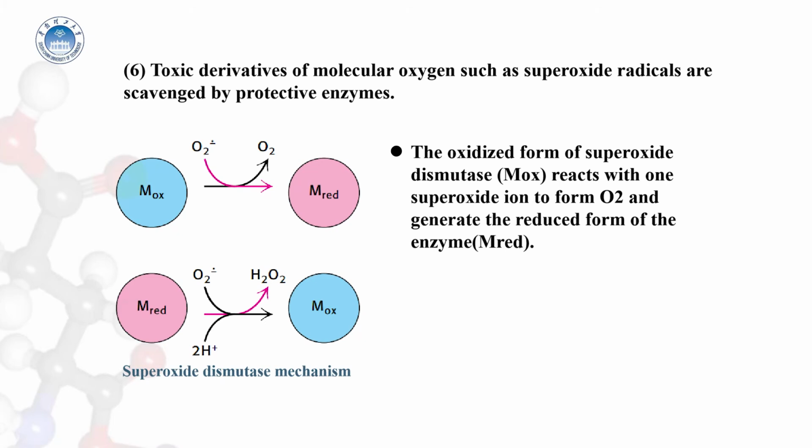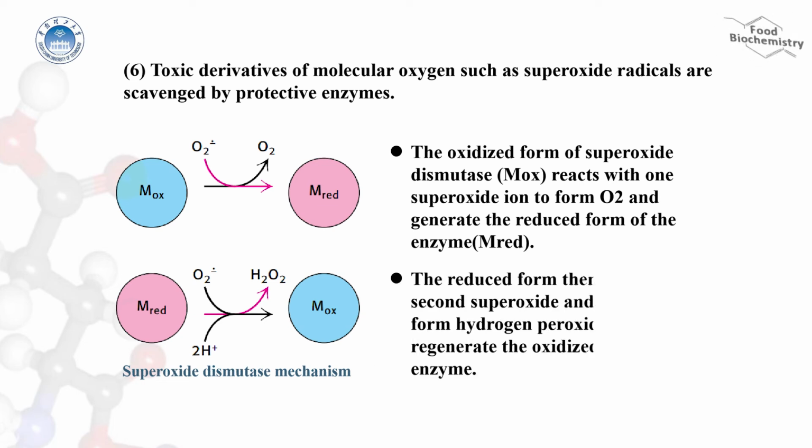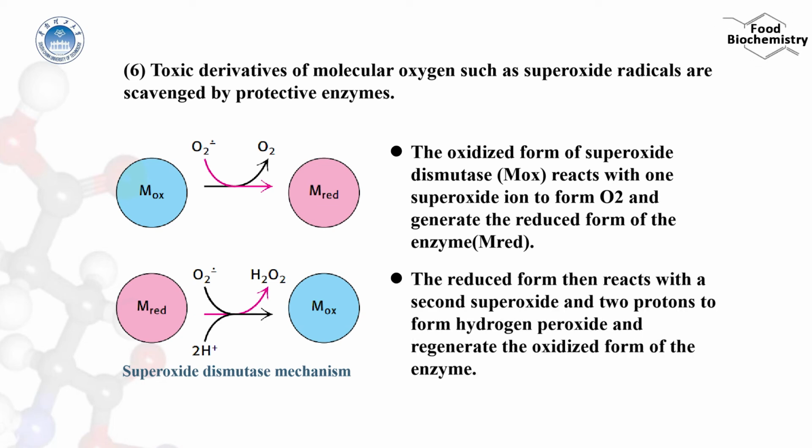The oxidized form of the enzyme is reduced by superoxide to form oxygen. The reduced form of the enzyme formed in this reaction then reacts with a second superoxide ion to form peroxide, which takes up two protons along the reaction pathway to yield hydrogen peroxide.